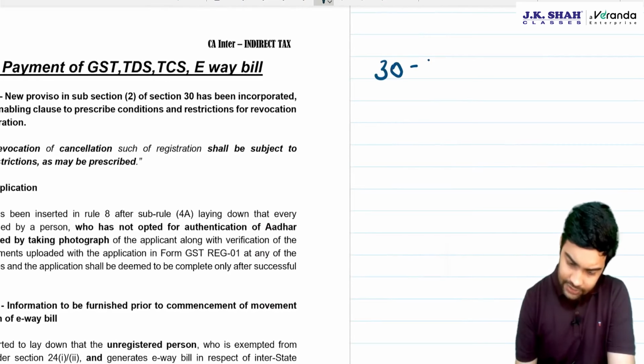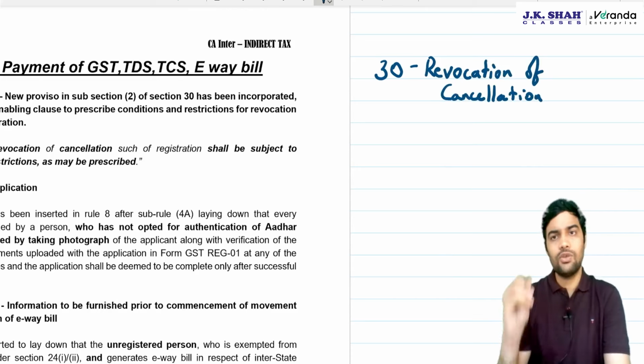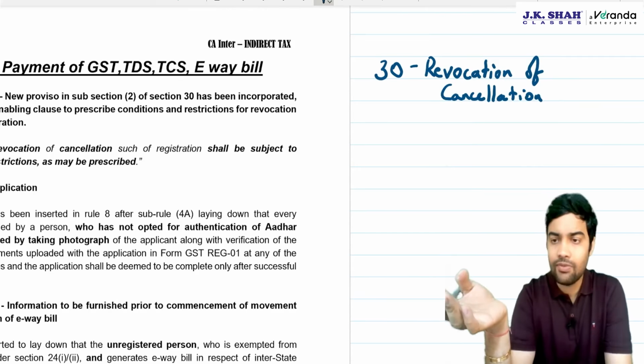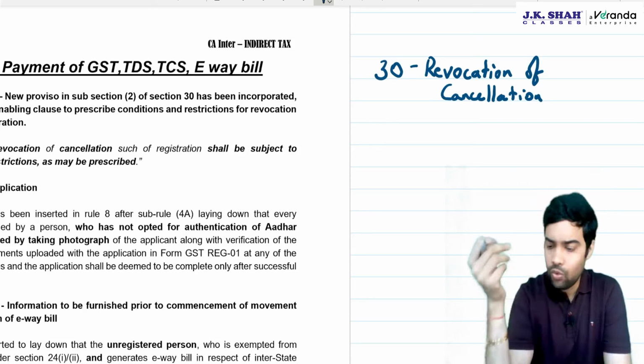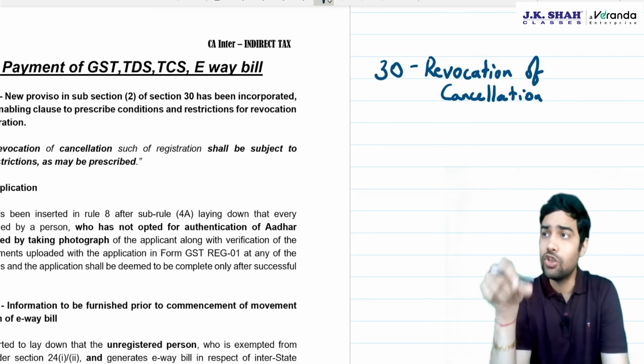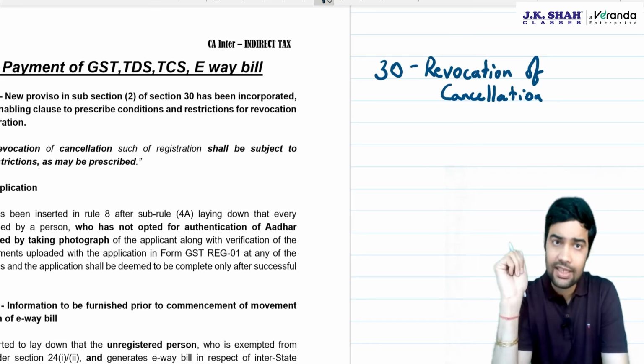Section 30 deals with revocation of cancellation. Now, there was a lot of issue with regard to revocation of cancellation. What is the time limit? What should the other conditions be? Should the returns be filed within the period?